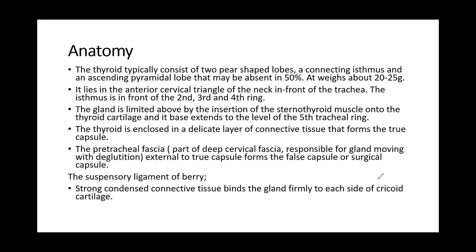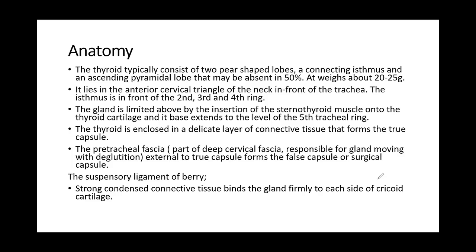Now, the gland is limited above by the insertion of the sternothyroid muscle onto the thyroid cartilage, and its base extends to the level of the fifth tracheal ring. The thyroid is enclosed in a delineated layer of connective tissue that forms the true capsule.